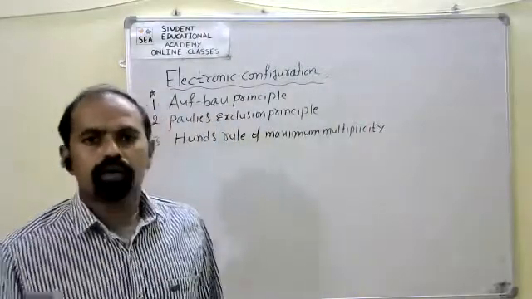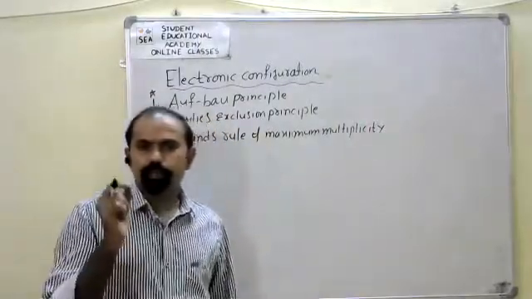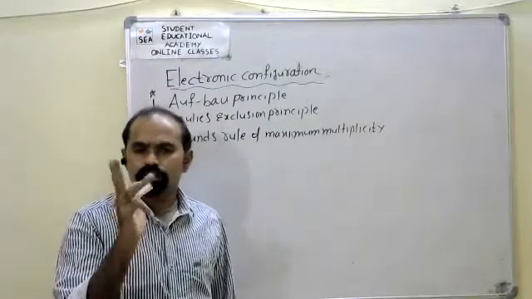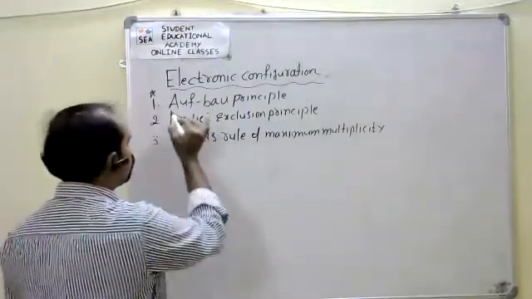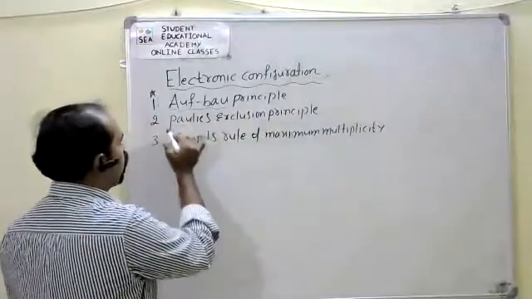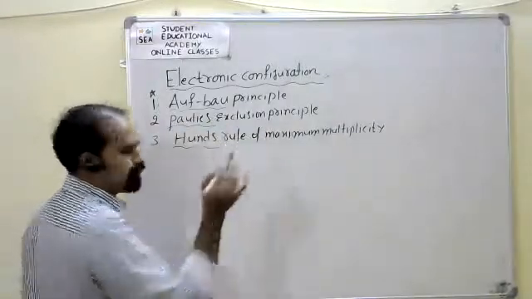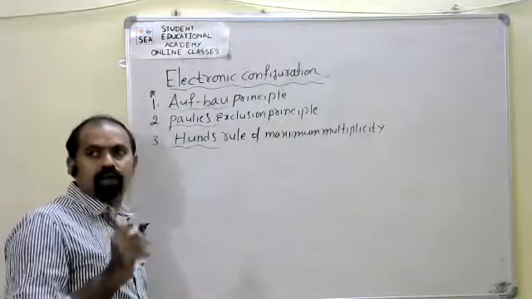Okay, the electronic configuration mainly depends on three principles: Aufbau principle, Pauli's principle, Hund's principle. Now, first one.